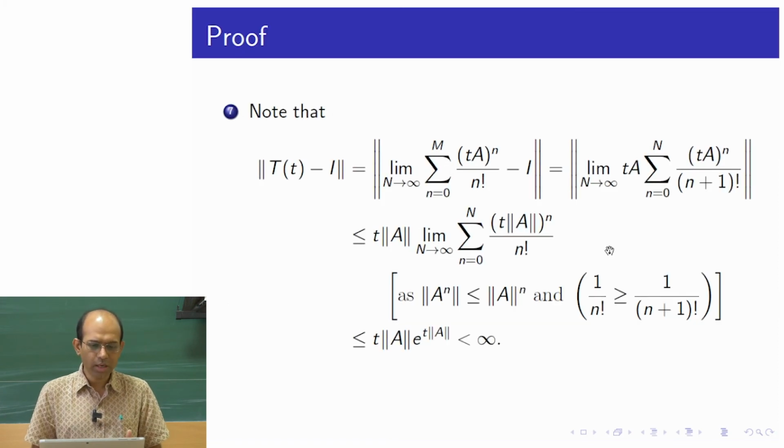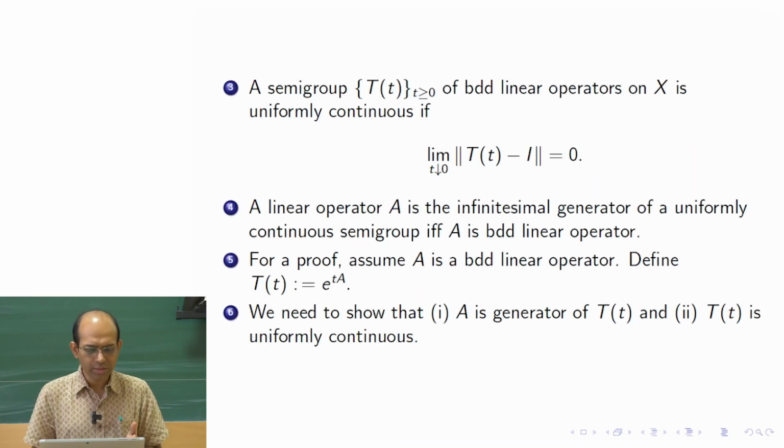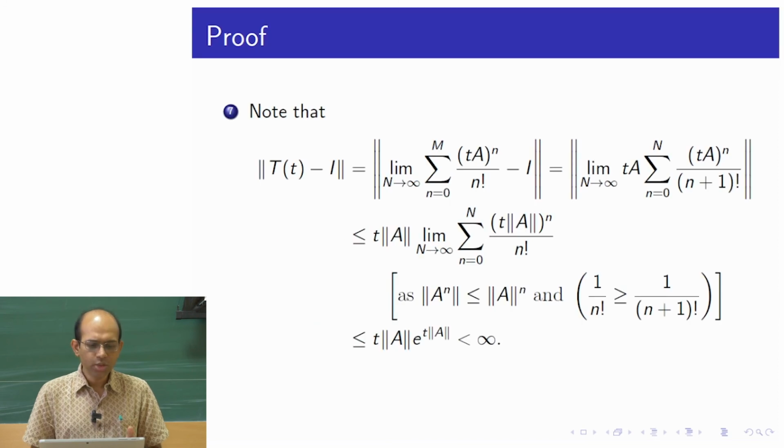So we start with this. First we prove the second property, that T(t) is uniformly continuous. So I need to show that the norm of T(t) minus I goes to 0 as small t goes to 0. This norm is equal to the limit as capital N tends to infinity.